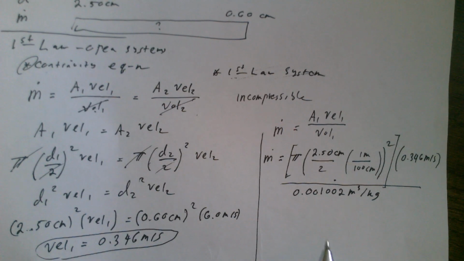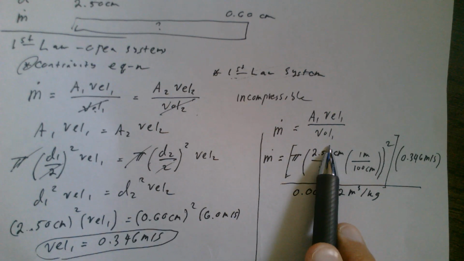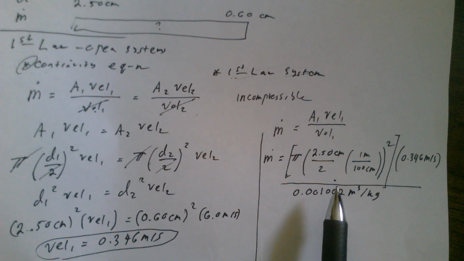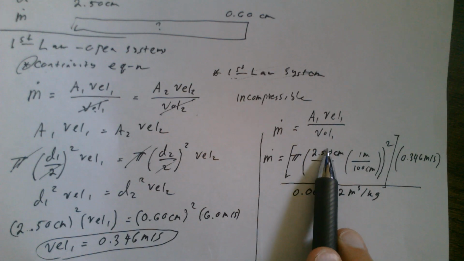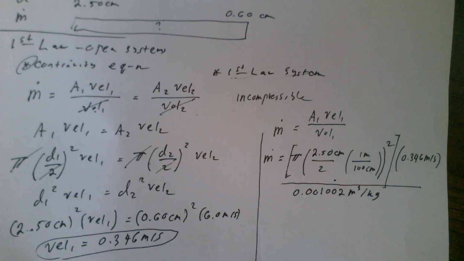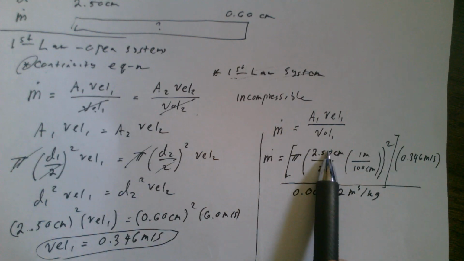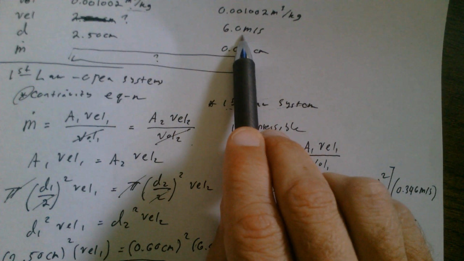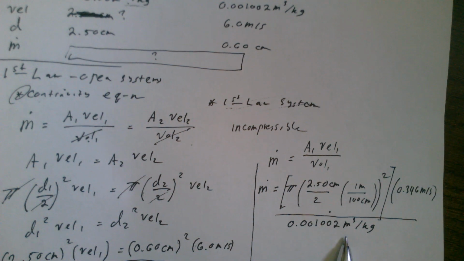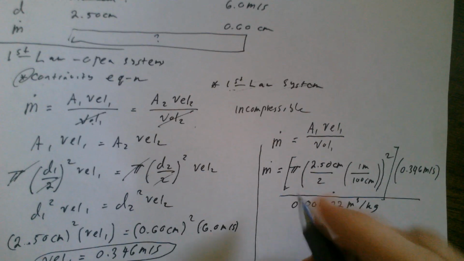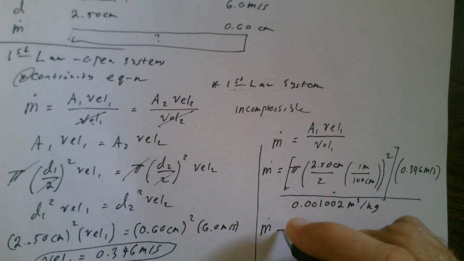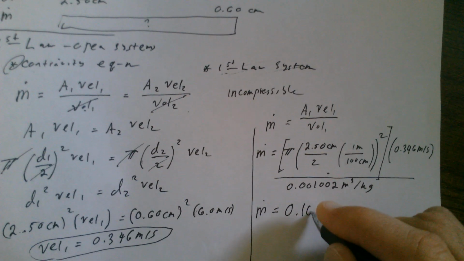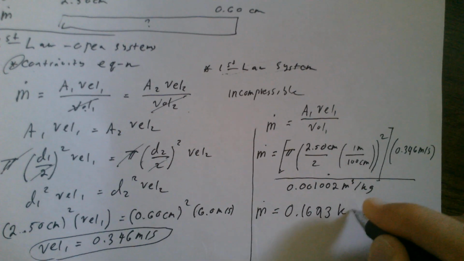Remember now, I selected A1 vel1 vol1. I could have potentially used A2 vel2 vol2. It would have given me the same thing. I would have changed this 2.5 to 0.6, changed this 0.346 to 6, and kept this thing the same. Either way, the m dot would end up being the same, the m dot being 0.1693 kilograms per second.